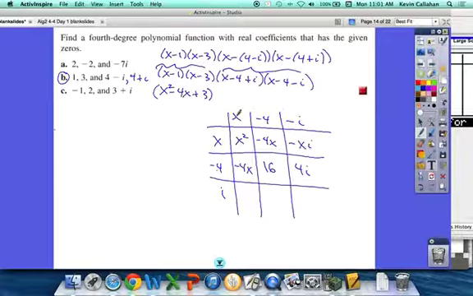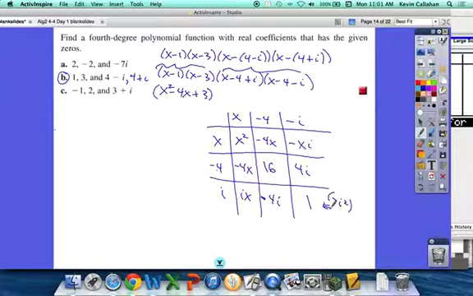Okay, i times x is positive ix. i times negative 4 is negative 4i. And then what is i times negative i? Negative i squared, but i squared is negative 1, so that is positive 1. Right? And it's negative i squared.